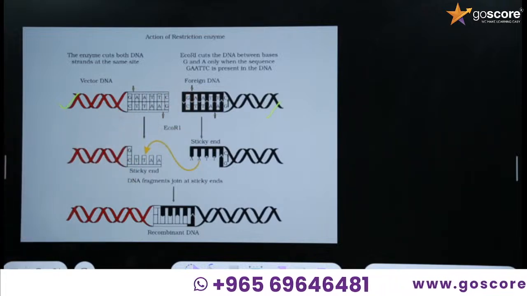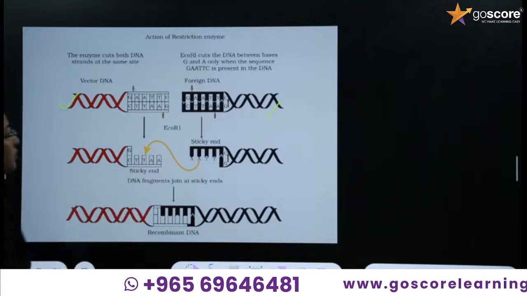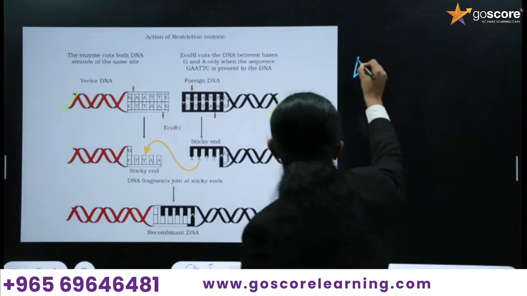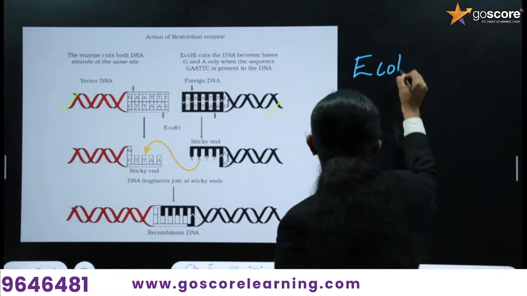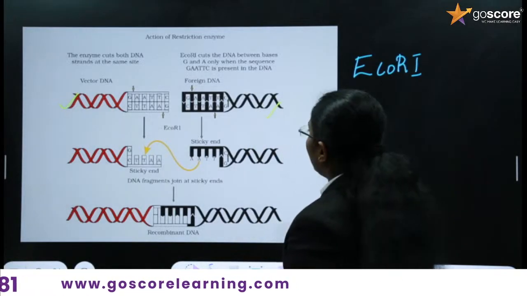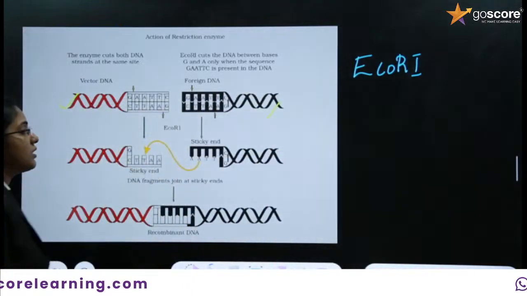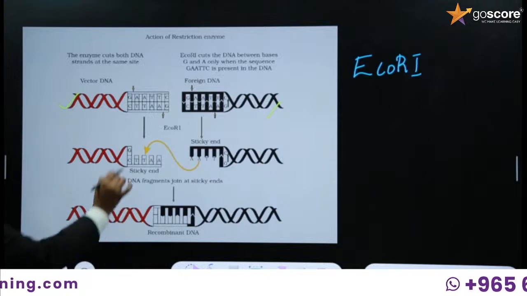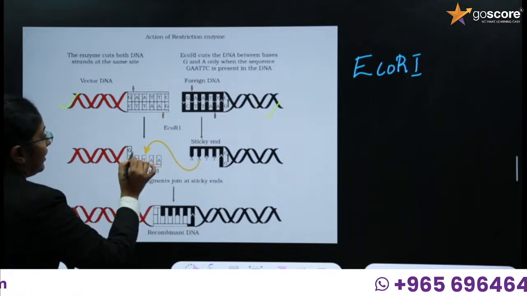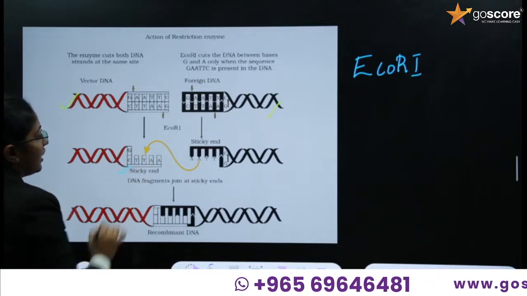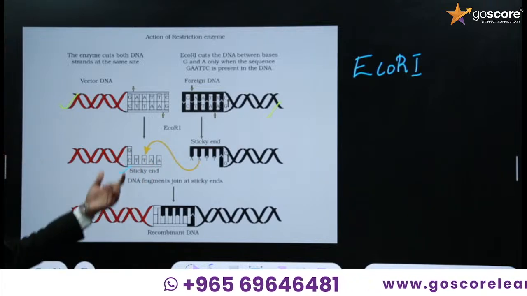Which restriction enzyme is acting here? The restriction enzyme acting is EcoRI. When EcoRI acts, it cleaves in a particular manner so that sticky ends are produced, both the sticky ends.